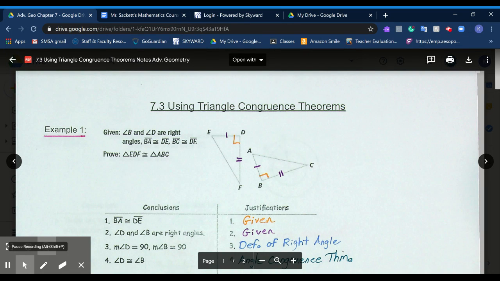Now, before we start with the notes, there's a couple things that I posted in Google Classroom as resources to help you, especially with this unit being very proof heavy. In Google Classroom, you will find a post that includes the theorem section and the postulate section from the back of your textbooks.